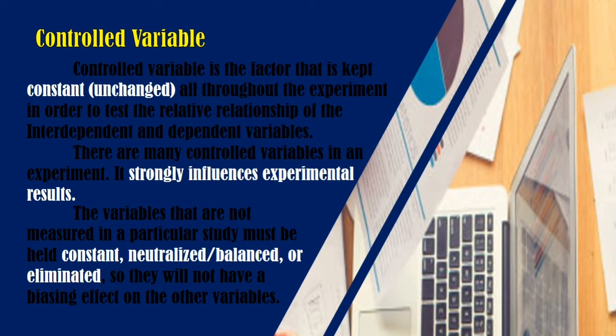So there are many controlled variables in an experiment, and this controlled variable strongly influences experimental results, because these are variables that are not measured in a particular study, must be held constant, neutralized or balanced, or eliminated, so they will not have a biasing effect on the other variables.